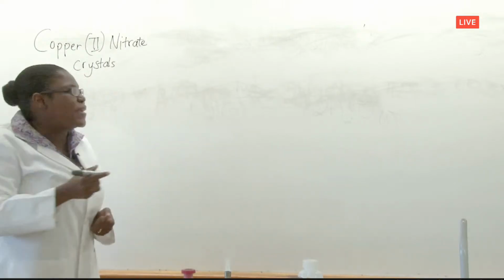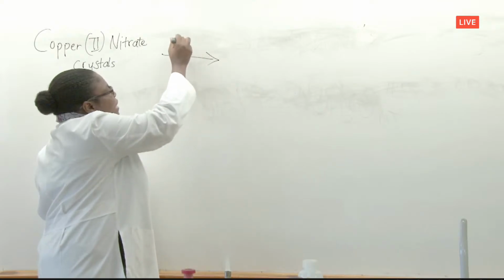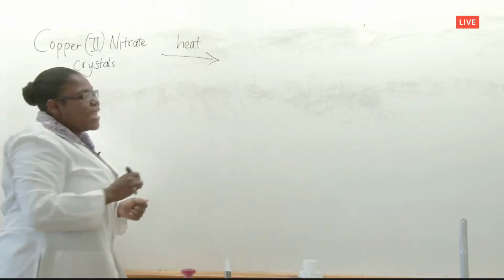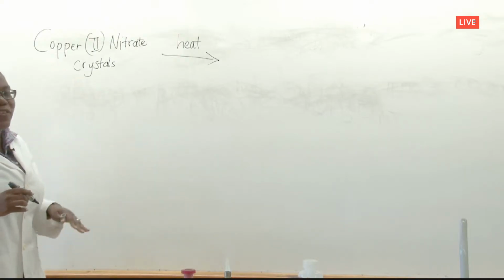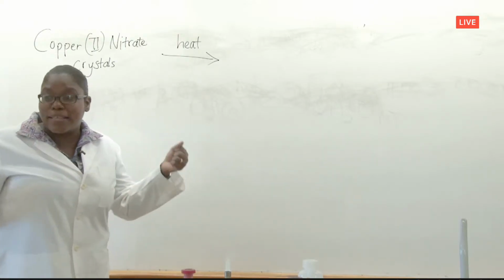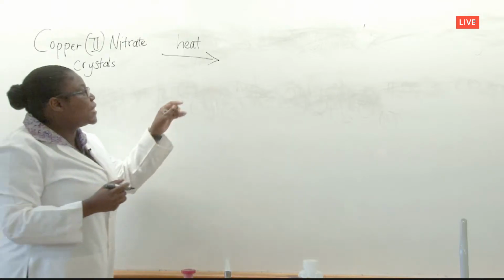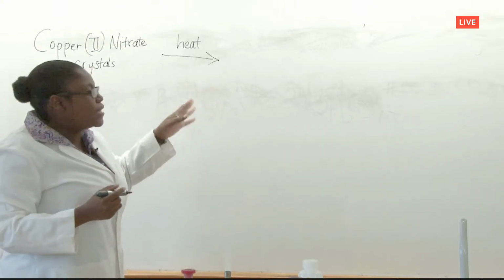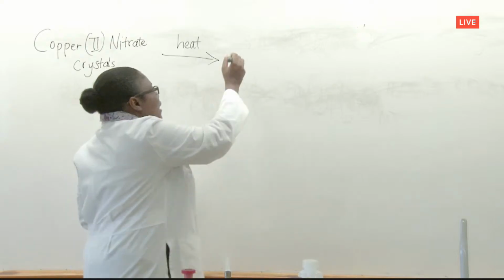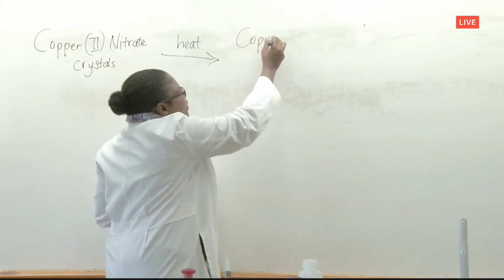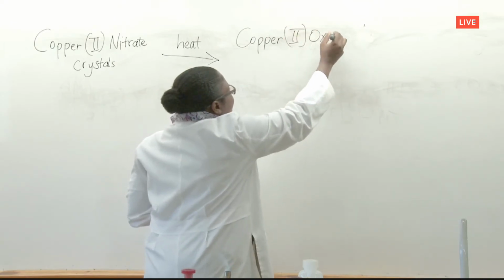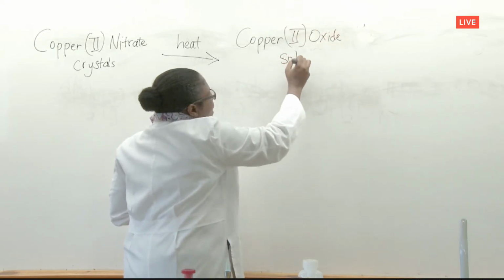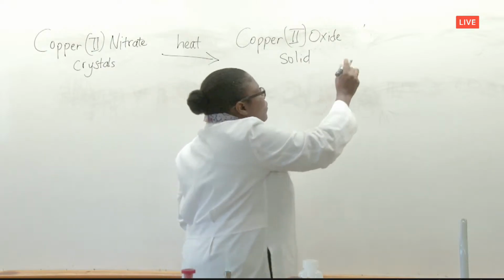So that means we're going to be applying some heat. Okay, so we just start with that one substance, and we're going to decompose it. We're going to heat it until it breaks down into other substances. So what are those other substances going to be? We're going to get copper 2 oxide, and that's going to be a solid, so look for it.